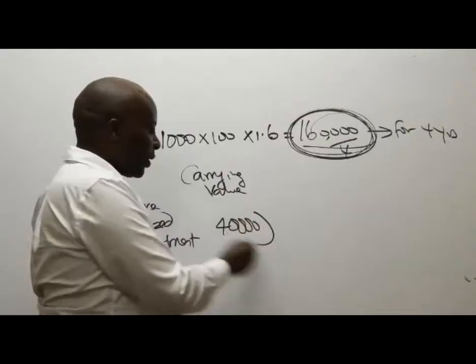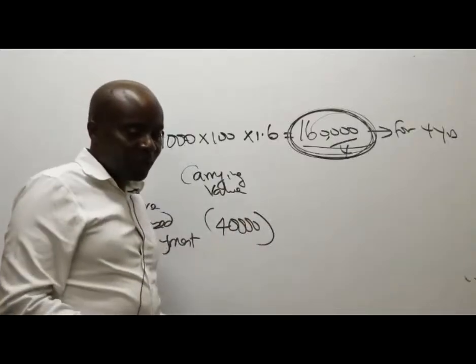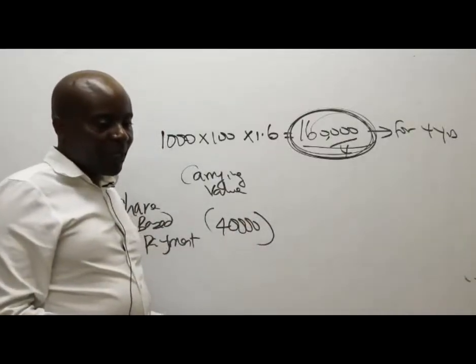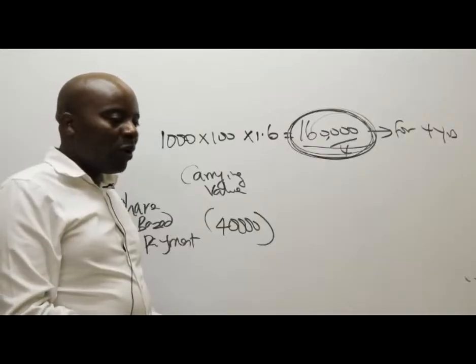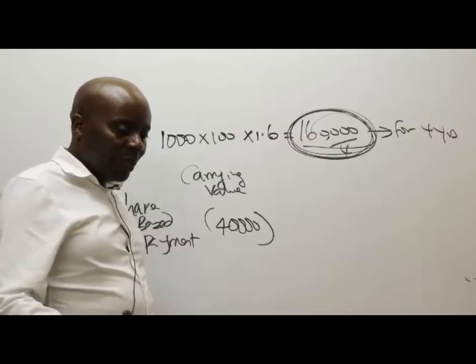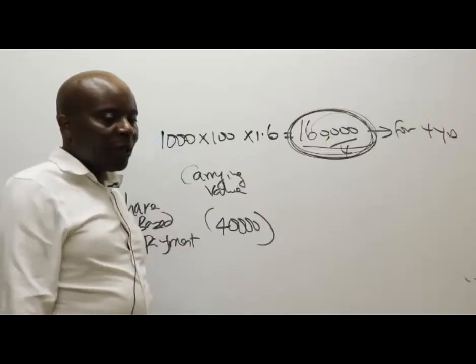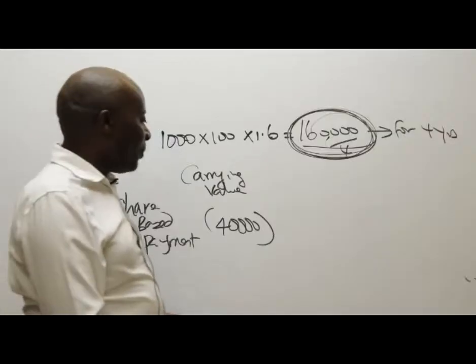And remember, this 40,000 has to be put in brackets. It has to be put in brackets. True or false? It's a payment anyway, so it has to be captured in brackets like that.